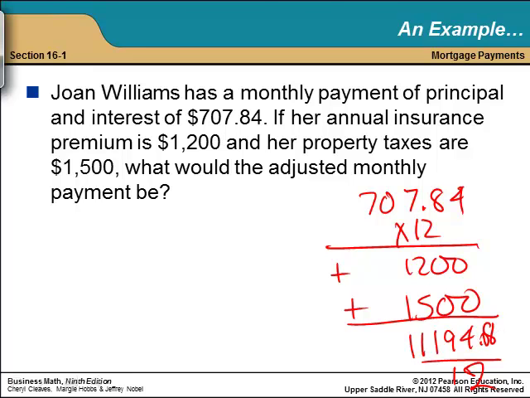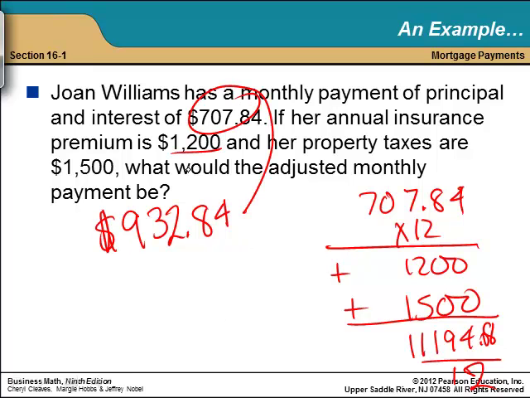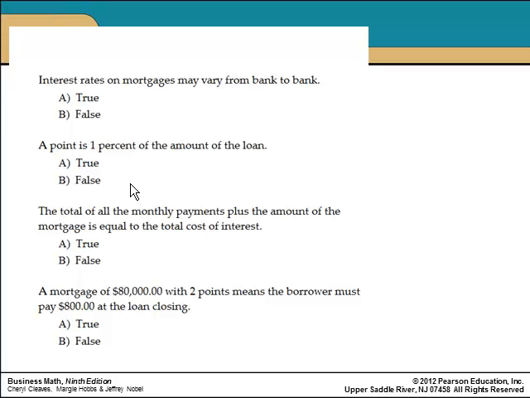Divide that by 12 means the bank is going to collect from her $932.84 every month. Pay the mortgage with that, and then when the property taxes and insurance comes due, pay that also.